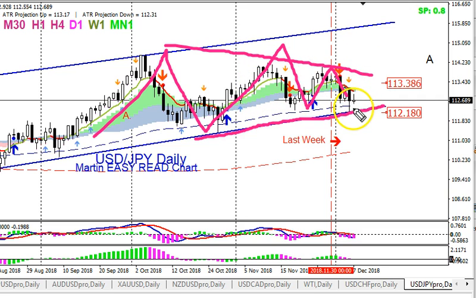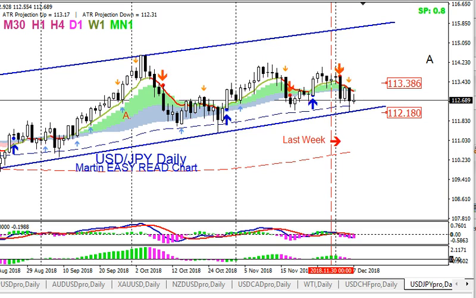So again, from here, price may come down a little bit lower and then bounce higher. Again, I'd be looking for a breakout above 113.38 for me to want to go higher. And on the downside, price would have to break below here, below 112.18. So that is the US Japanese yen.